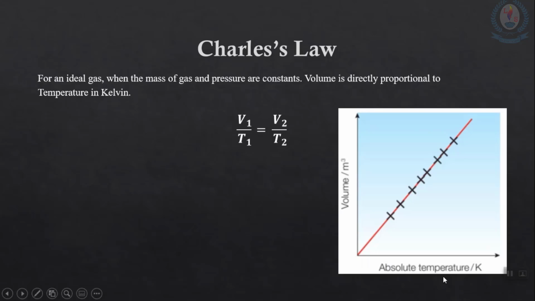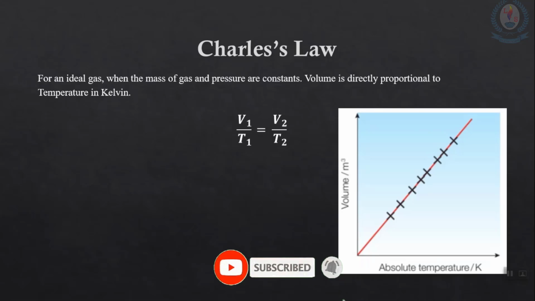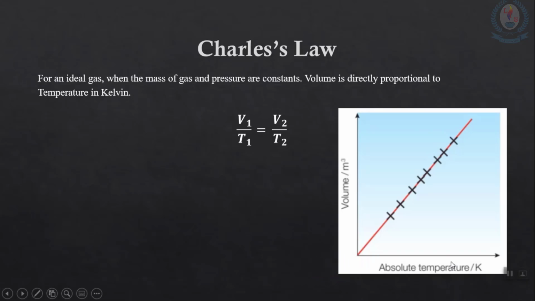They may give you Celsius, use Kelvin only. This is not like earlier, when I said change in temperature in Celsius equals change in temperature in Kelvin. That is for equal MC delta theta, the first part of this video. But here in gas laws we are directly using the temperature, so always convert it into Kelvin and use.